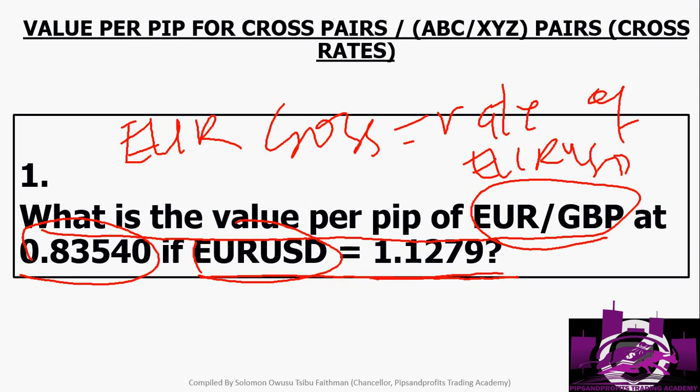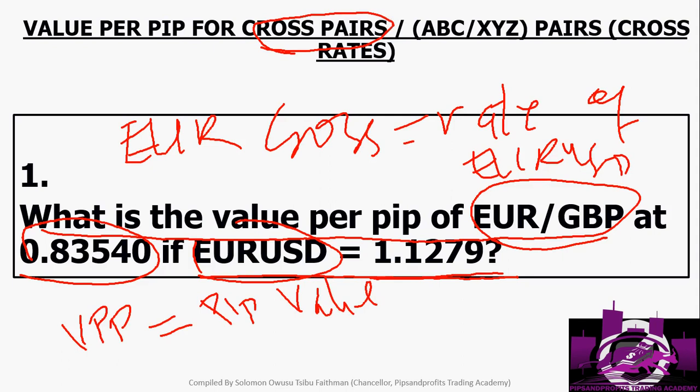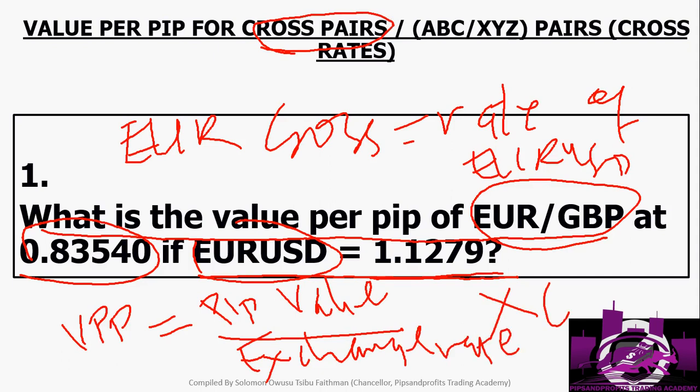Who has done it? Please do the answer for me. We want the value per pip. Our formula for cross pairs: value per pip is equal to our pip value divided by our exchange rate, and then we multiply it by our conversion rate.